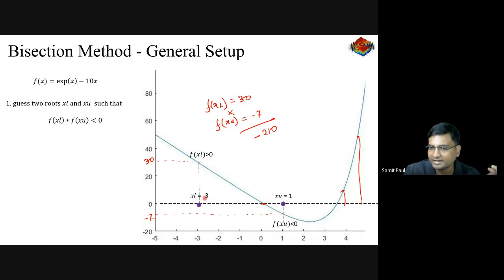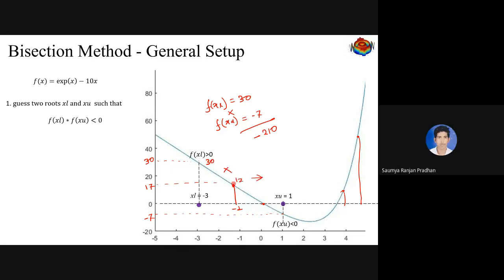Now, instead of -3 and +1, if we had taken -3 and -1, what will be the value here? This is somewhere around, say, 17. So in that case, 30 and 17. What is the product? Positive.